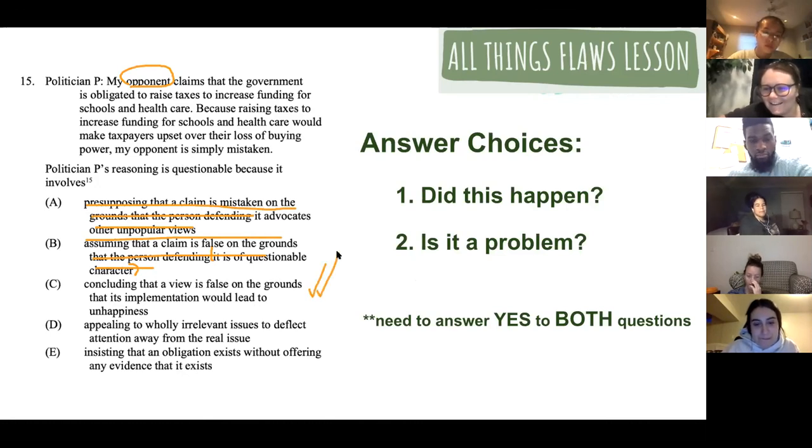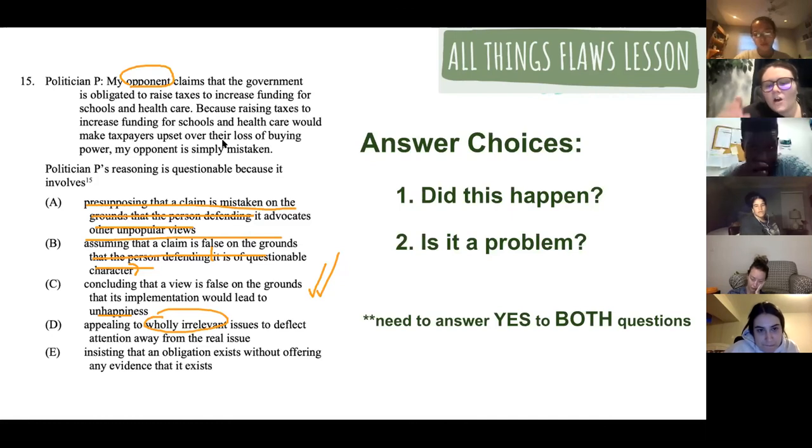Is that a problem that I'm basing it just on people's feelings? Yes. D says appealing to wholly irrelevant issues to deflect attention away from the real issue. No, people's feelings are at least relevant. They're not wholly irrelevant.